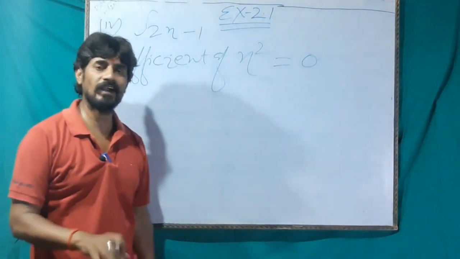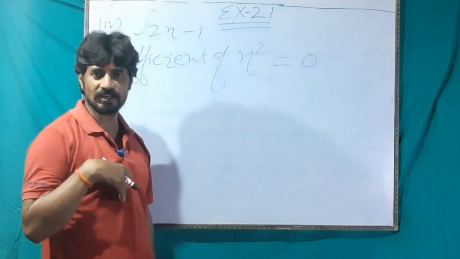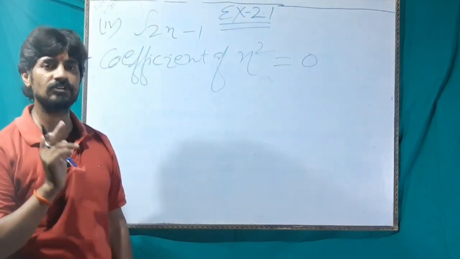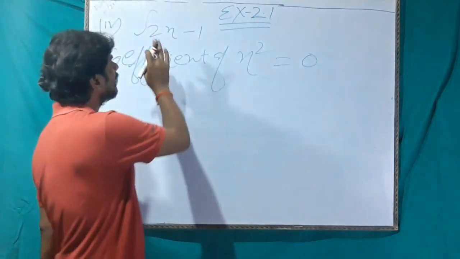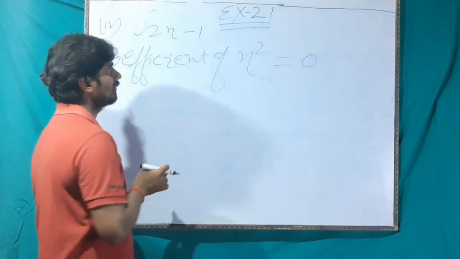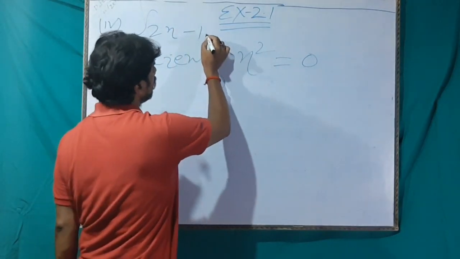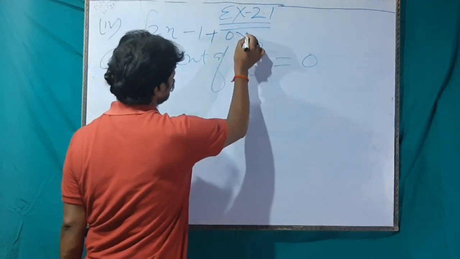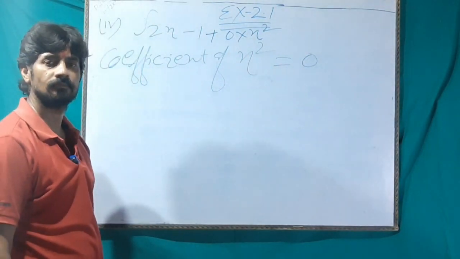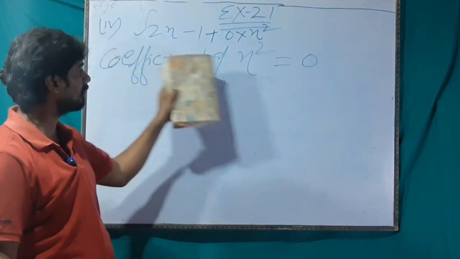Because we have an idea, if any number either constant or variable is multiplied by 0, the result will be 0. And here x square is absent, not given. That means we can write root 2x minus 1 plus 0 into x square. So the coefficient of x square in this term is 0.